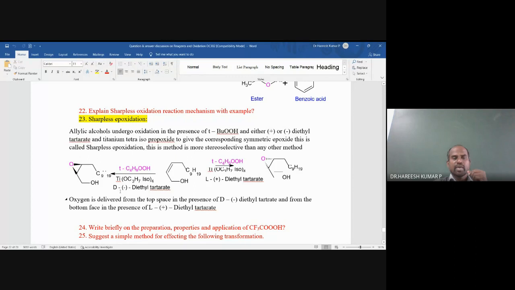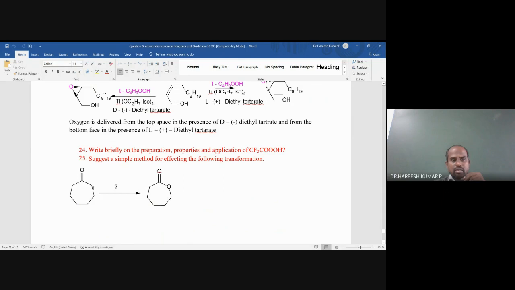If you are using minus, the epoxide is towards the observer, and if you are using plus diethyl tartrate, the epoxide is away from the observer. That's what you need to remember. Here tertiary butyl hydroperoxide acts as the oxygen source, and titanium is the catalyst. I will explain the mechanism when I discuss asymmetric synthesis.